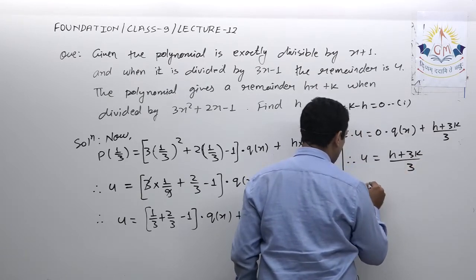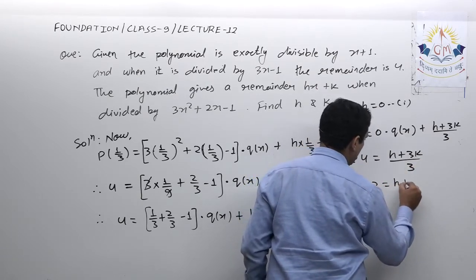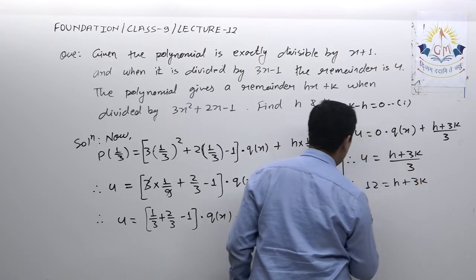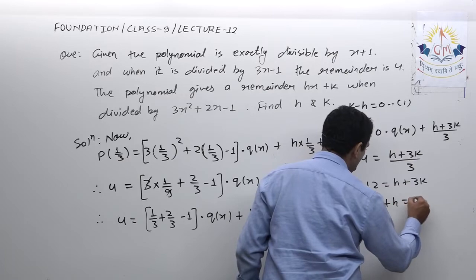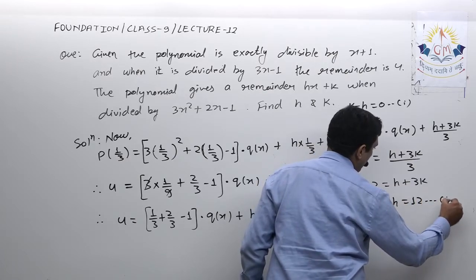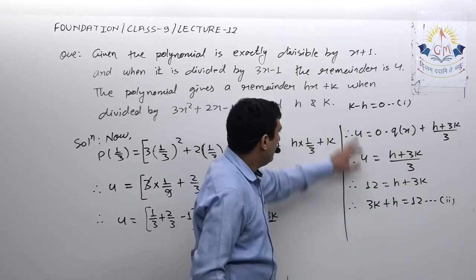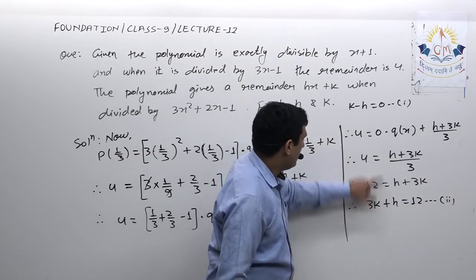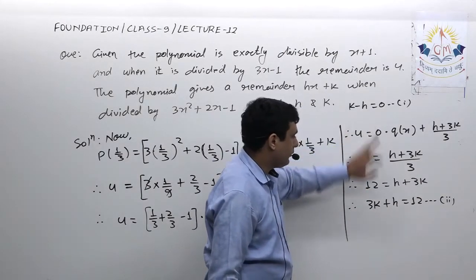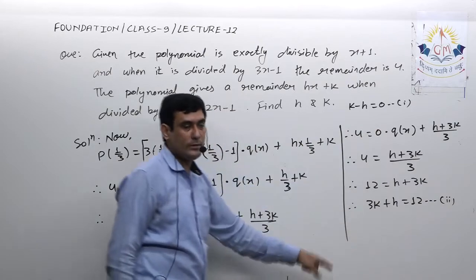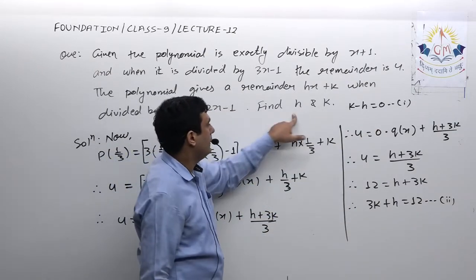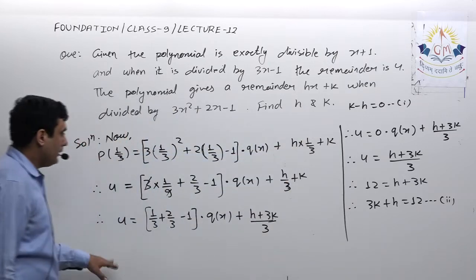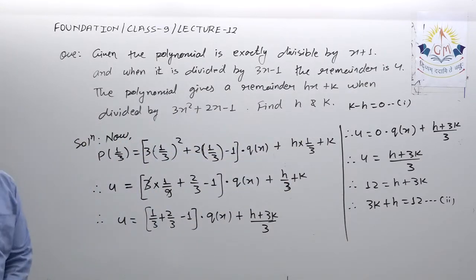So I can write 12 is equal to h plus 3k, or finally I can write 3k plus h is equal to 12. This is my equation number 2. Okay, 3k plus h, and over here it is k minus h equal to 0. Now by solving these two equations I will get the values of h and k, and that is required. Okay, that we need to find. Note it down up to this point, then I will give you the remaining solution.